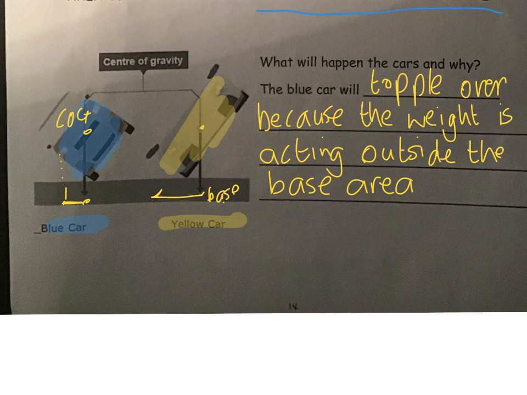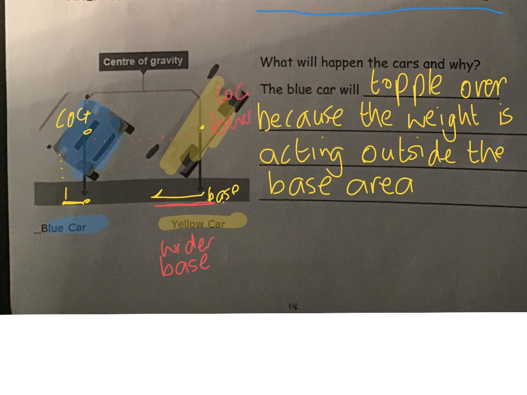Now, if we compare the centre of gravity and the base area on the yellow car, we can see that this base area is wider. And the centre of gravity, it's difficult to make it out here, but it's just ever so much lower. Okay, so the centre of gravity is lower.